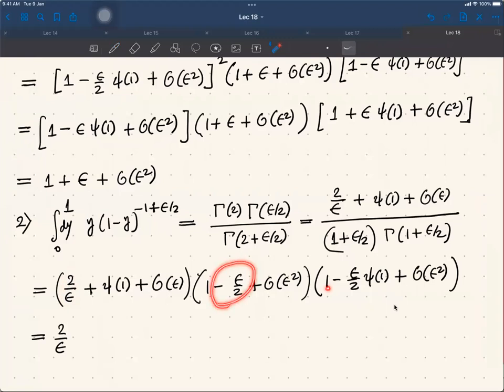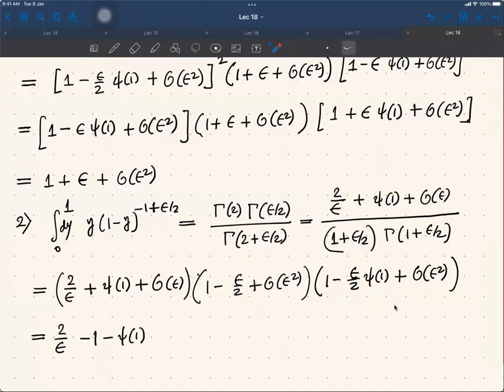So that is minus 1. Then 2 by epsilon times 1 times minus epsilon by 2 times psi 1. So that is minus psi 1.